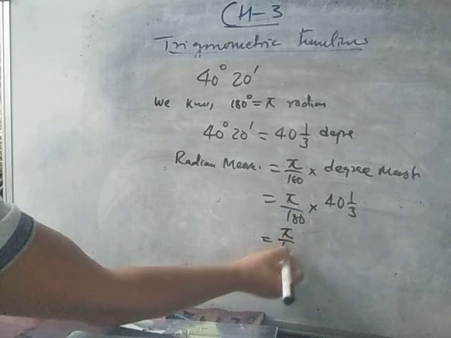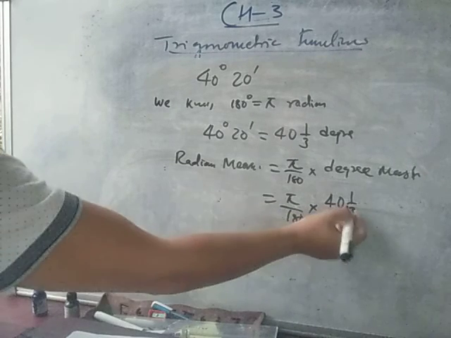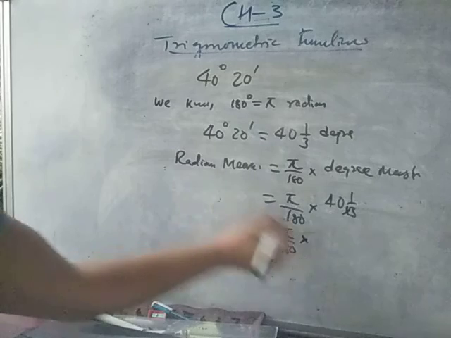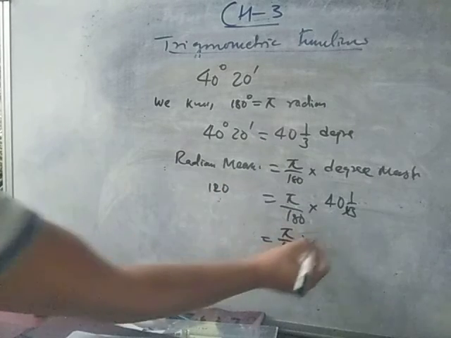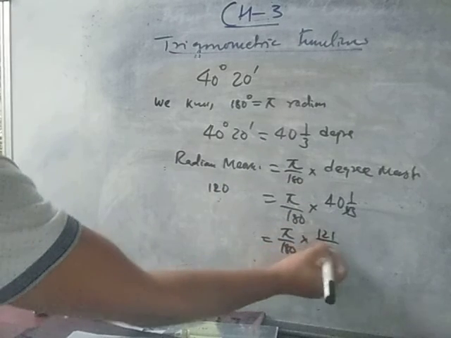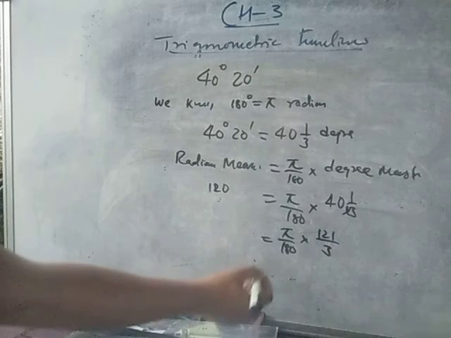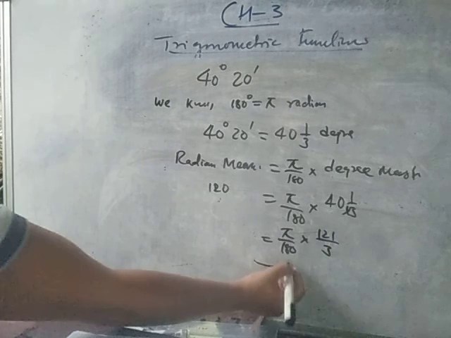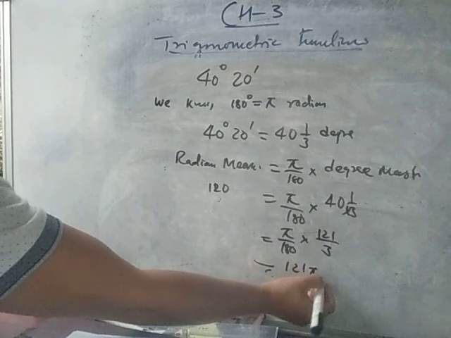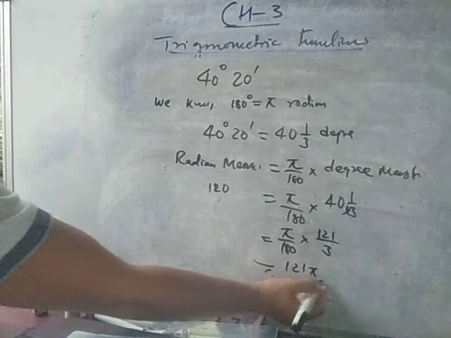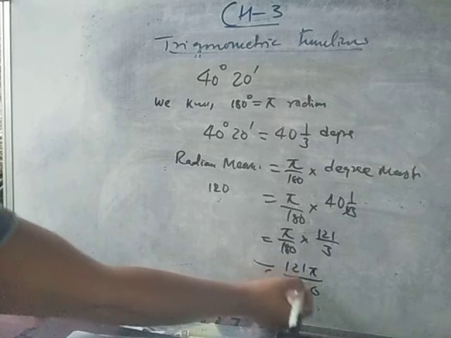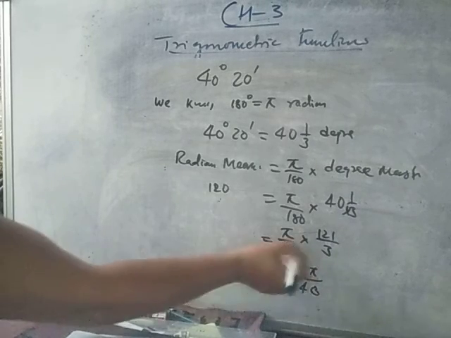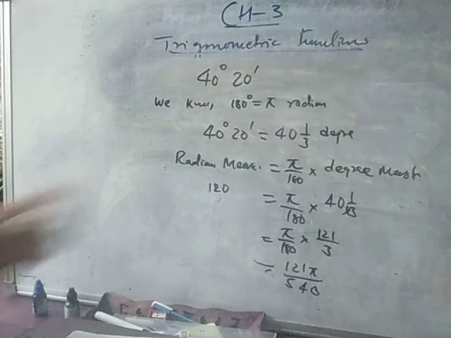Pi by 180 into 121 by 3, isn't it? So write down this, 121 pi divided by 540. So this is your radian measure.